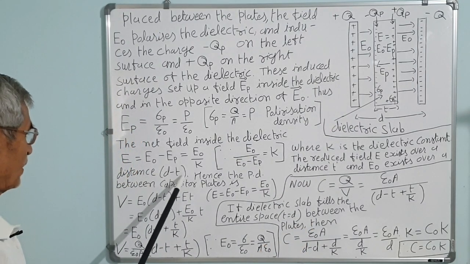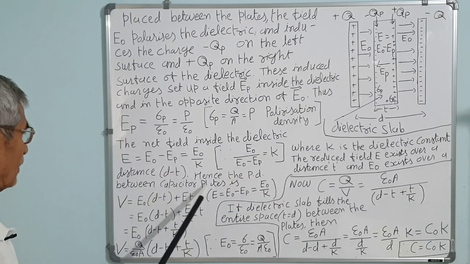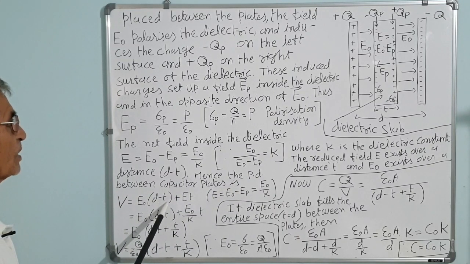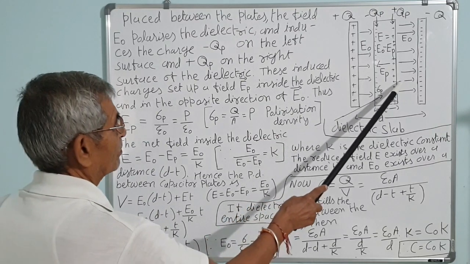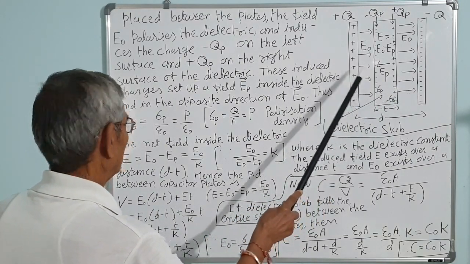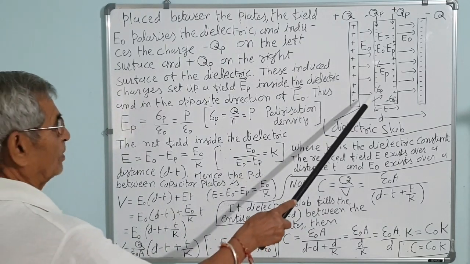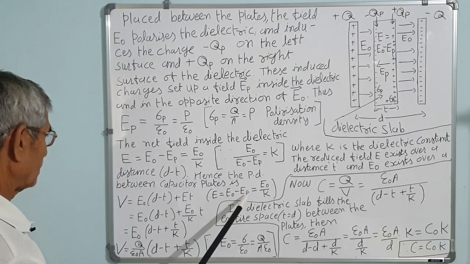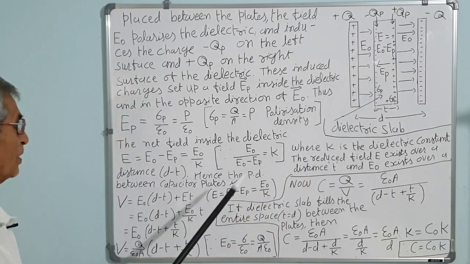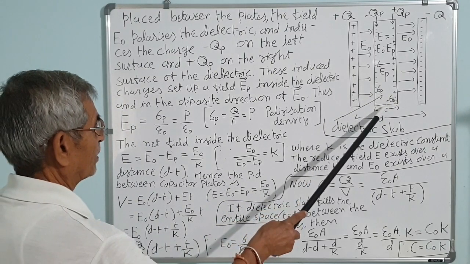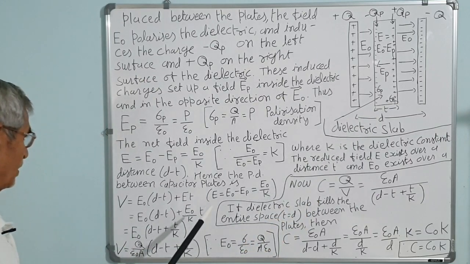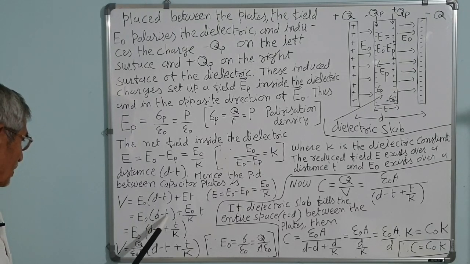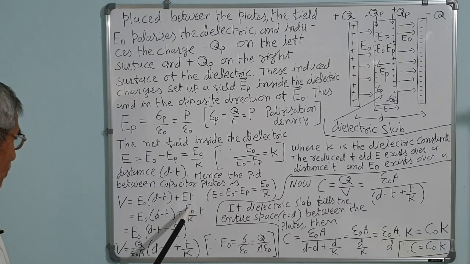Hence the potential difference between the capacitor plates is V is equal to E0 into bracket d minus t. E0 acts in this length d minus t, plus in this area Et, correct? E is equal to E0 minus Ep, that is the reduced field. The reduced field acts over the length t. Therefore, V is E0 into bracket d minus t plus E0 upon K into t.